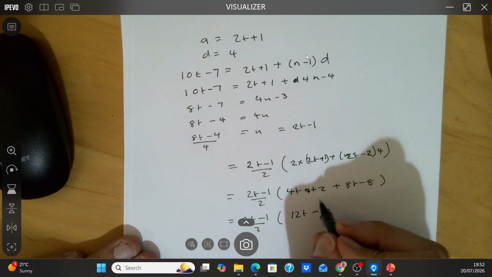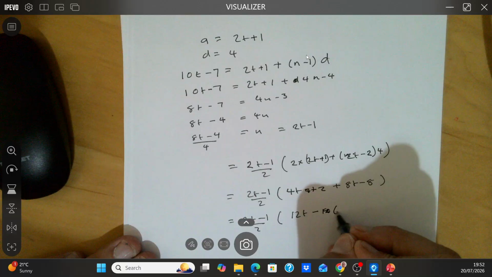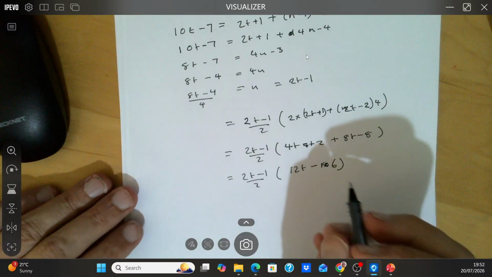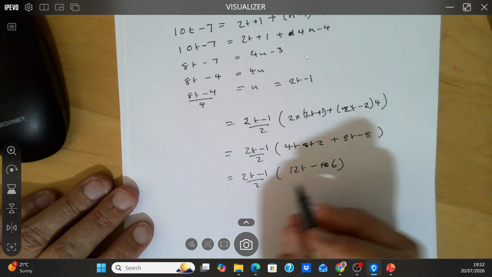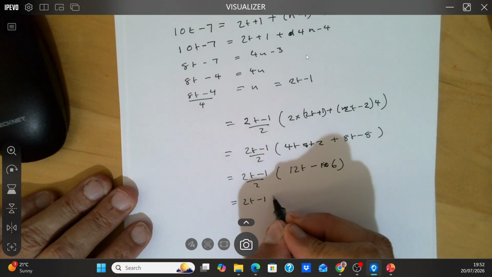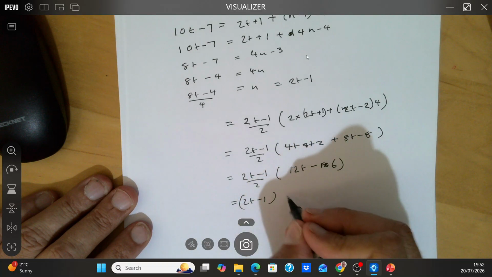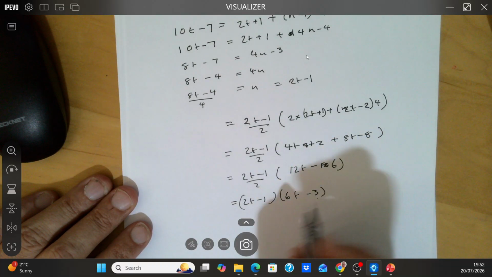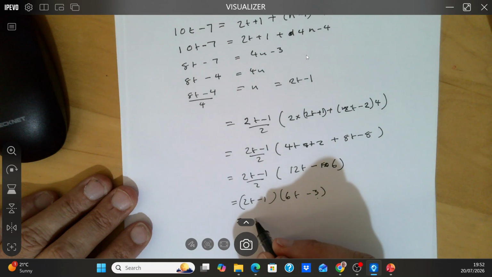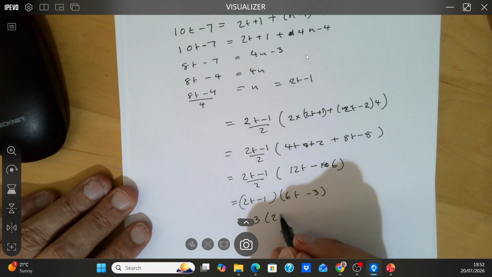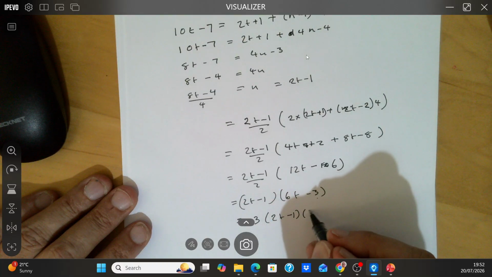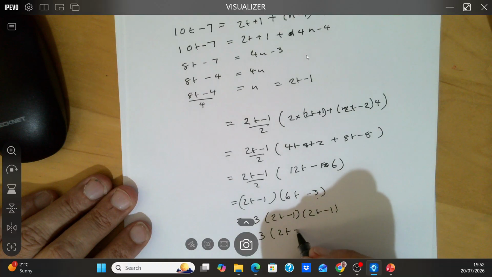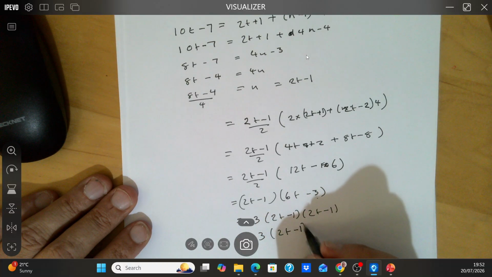That was a plus 2, wasn't it? Sorry, whoops. We'll tidy that up. The 2 goes across there, so I've got 2t minus 1 times by 6t minus 3. 3 comes out of that, so that gives me 3 lots of 2t minus 1, 2t minus 1, which gives me 3 lots of 2t minus 1 squared.